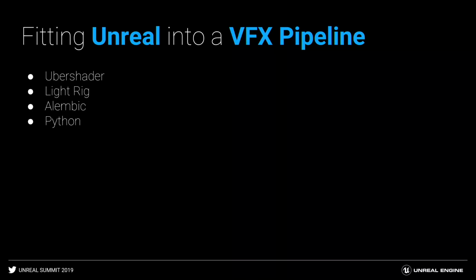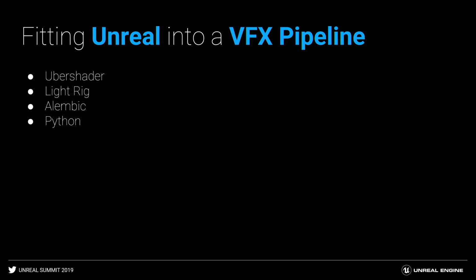Being a traditional VFX house, Goodbye Kansas needed to fit Unreal into their VFX pipeline. To help their artists work more efficiently with tools they're used to, they created some of their own in Unreal. With the material editor and blueprints, they were able to customize the engine to their specific needs and introduce more classic visual effects pipeline workflows into the engine.